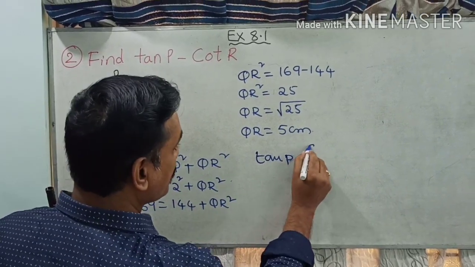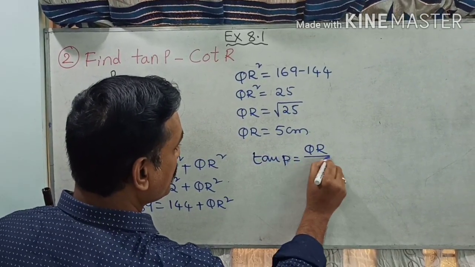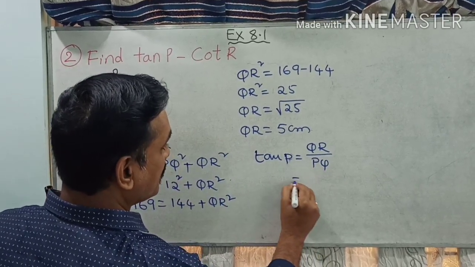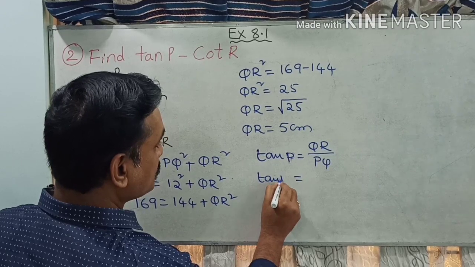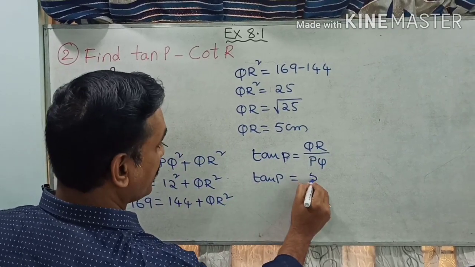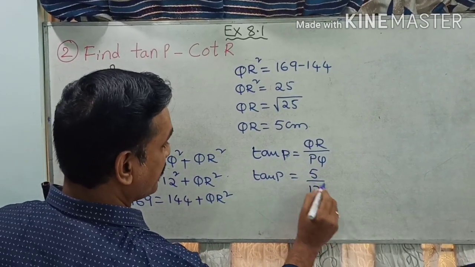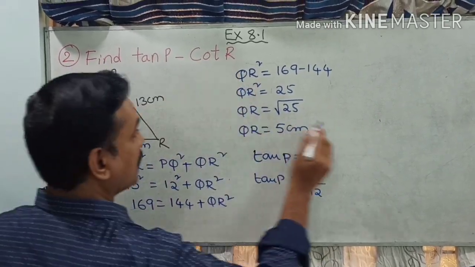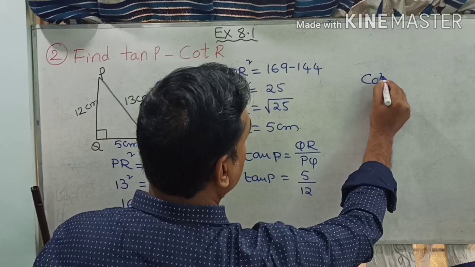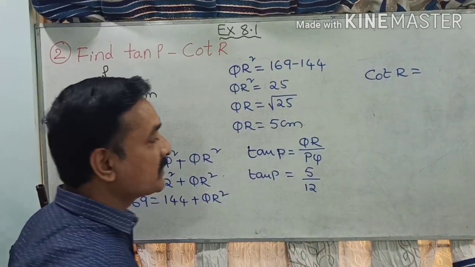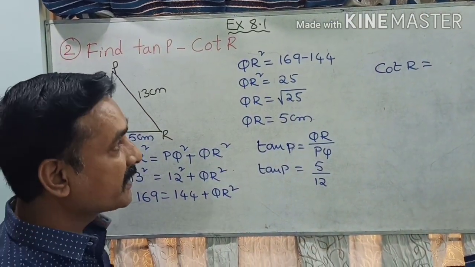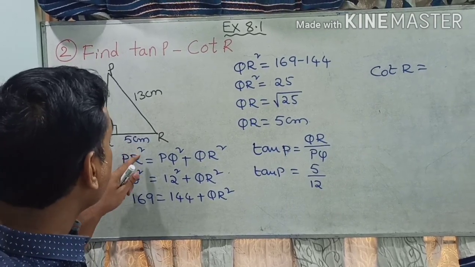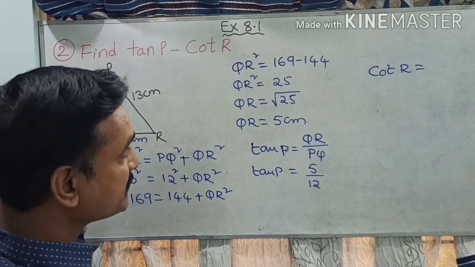So tan P equals opposite side by adjacent side, PQ. So tan P equals, opposite side is 5, by 12 centimeters. Similarly, now find cot R. The trigonometric ratio of cot R is adjacent side by opposite side.